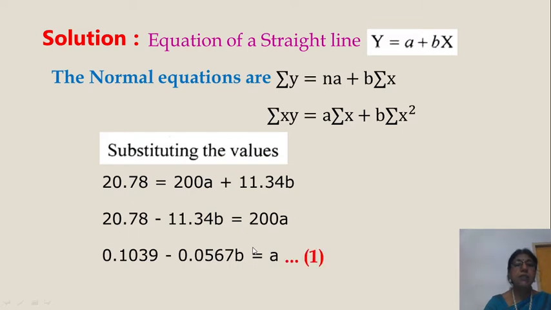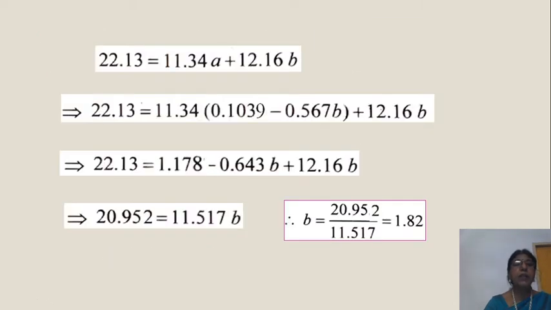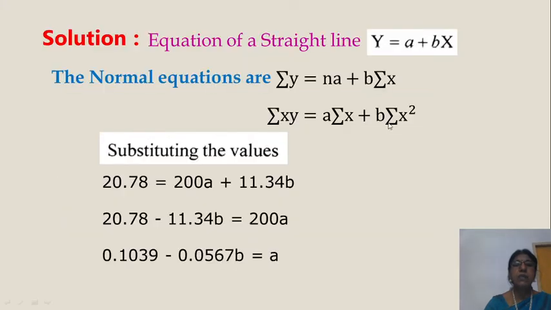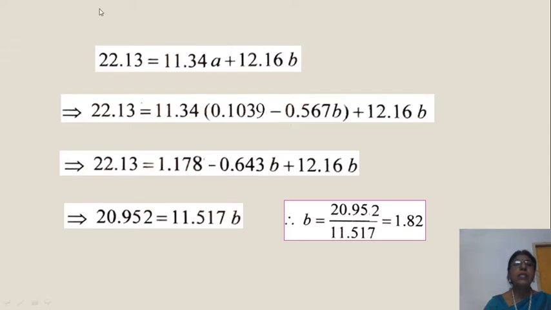We write a in terms of b, equation 1. Then in the second normal equation, substitute the values of sigma xy and sigma x square. Now substitute the a value in this second equation.